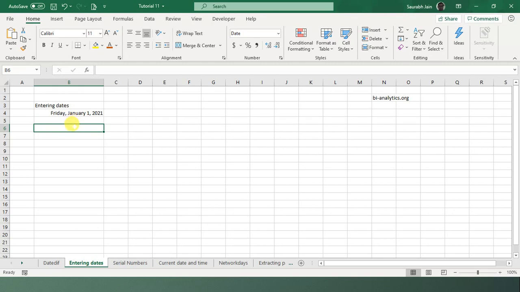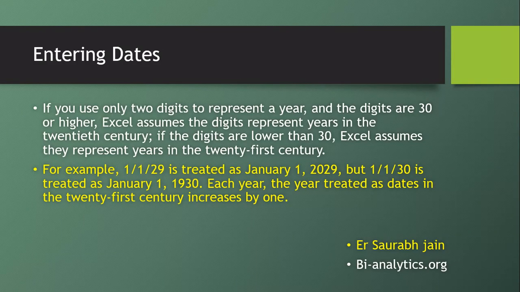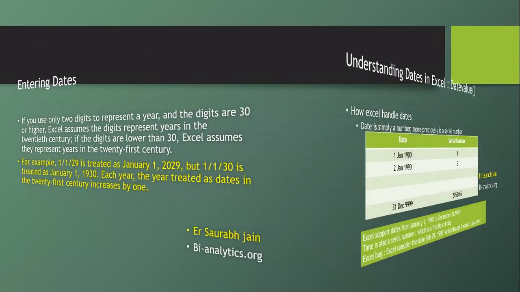And if I add 1 January and say 35, it's taken as 1935. So this is what I was telling you: if you enter the year in two digits, 30, 31, 32 or above, it takes it as 1935, 1936, like the 20th century. And if it is before 30, it takes it into the 21st century. Okay, let's move ahead.